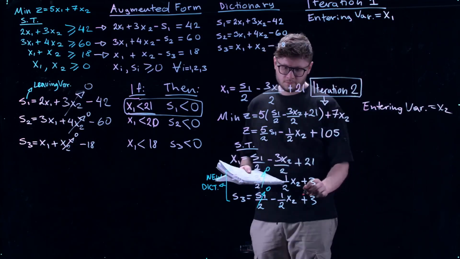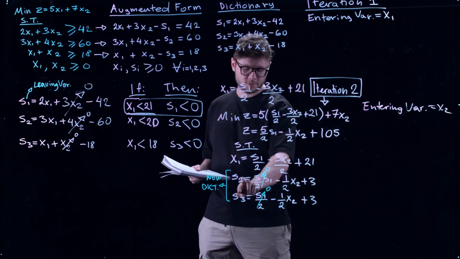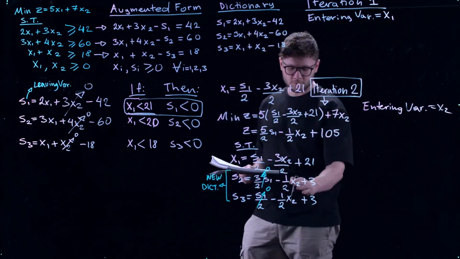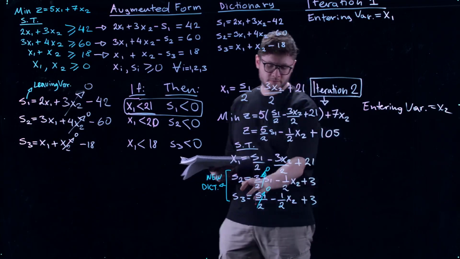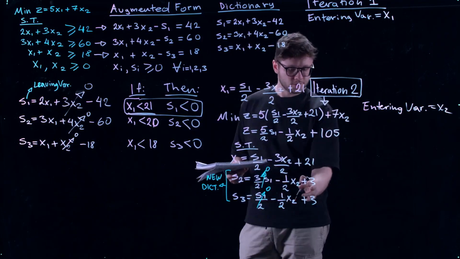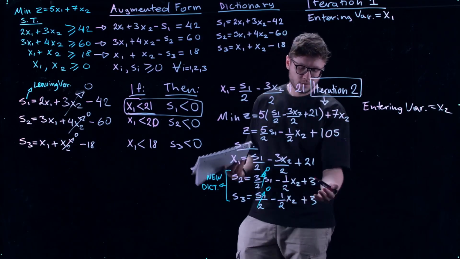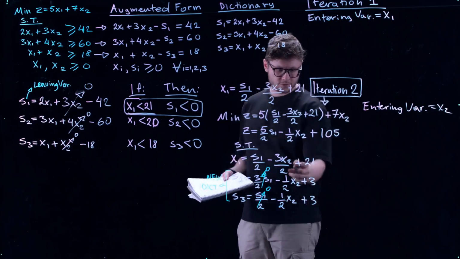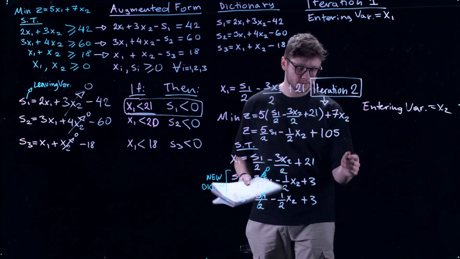So now we know from here, we're going to be using these two constraints to figure out what the minimum values for x2 are going to be, so that this equality stands. So since this equals 3, and this is a multiplier of half of x2, our minimum value for x2 is going to have to be 6.